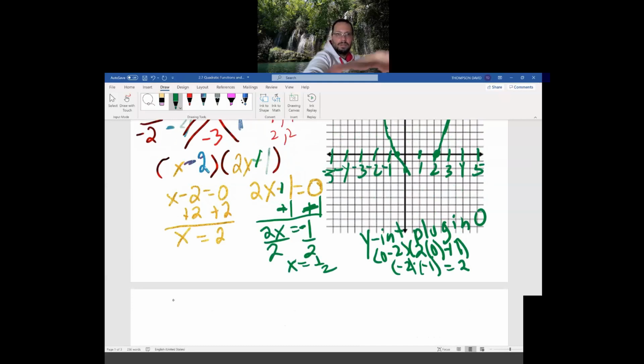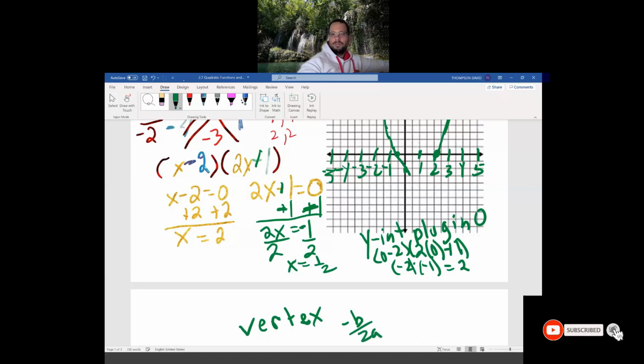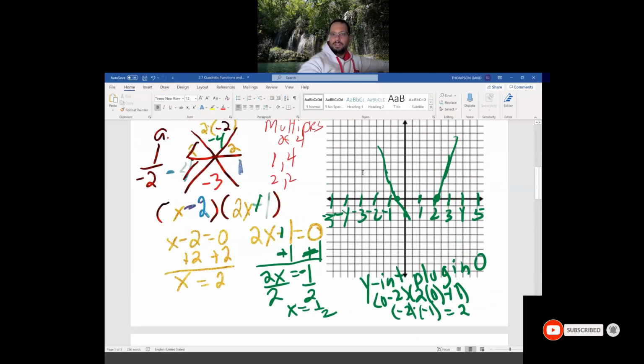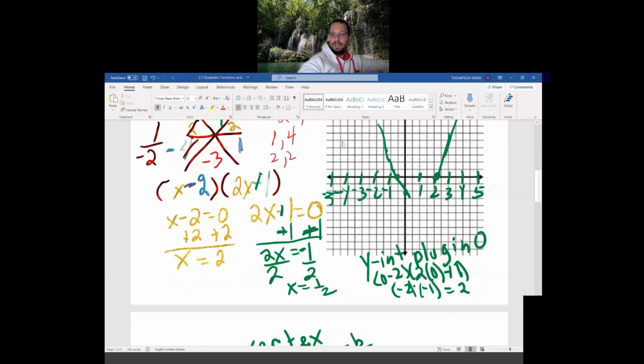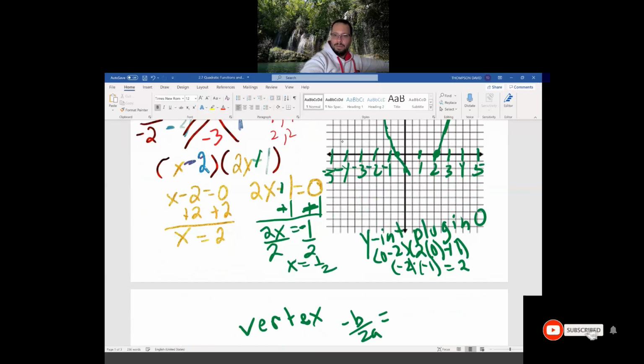If we look at our original equation, our b was negative 3. So that would be negative 3 all over 2 times 2, because our a was 2. So the opposite of negative 3 would be positive 3 over 4.